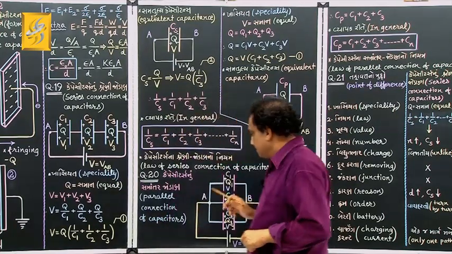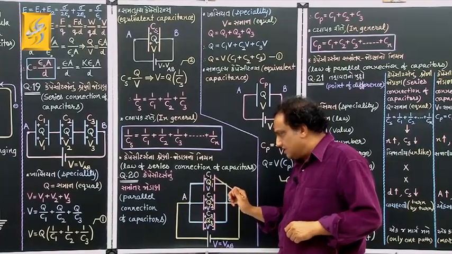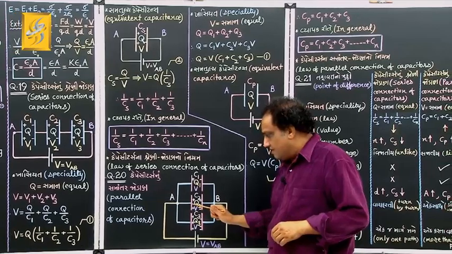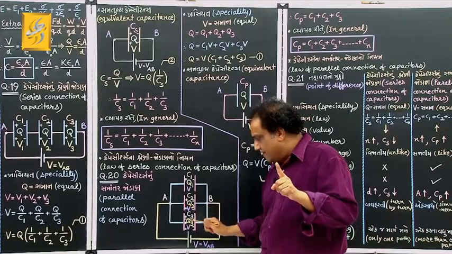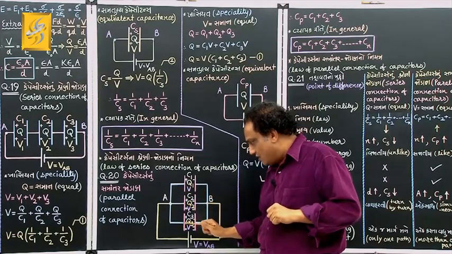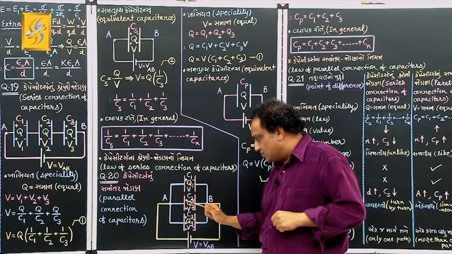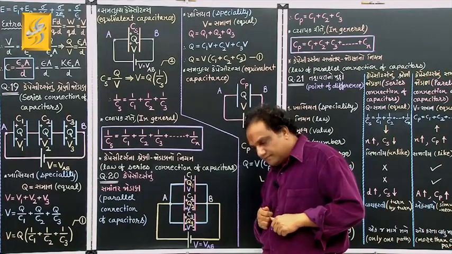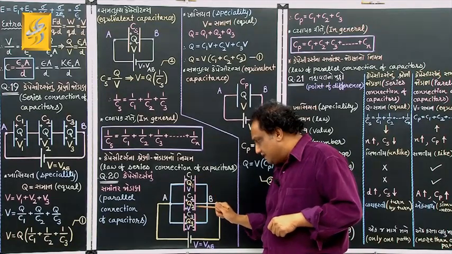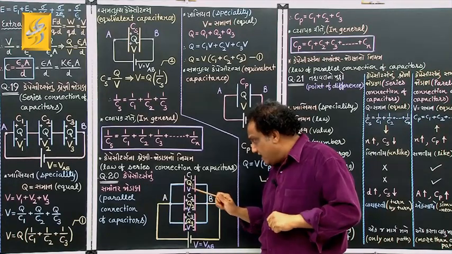What about here? Come on. This is first plate, I mean for the first capacitor, this is the left hand side plate. This is left hand side plate of second capacitor, left hand side plate of third capacitor. They all are interconnected at point A, and all of them have positive charge. Here also positive, here also positive, here also positive. How about these right hand side plates? They are interconnected at another point B. They all have negative charge.